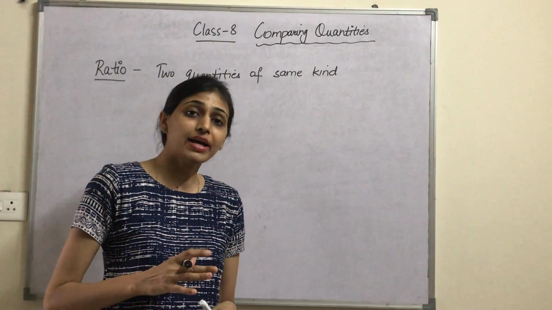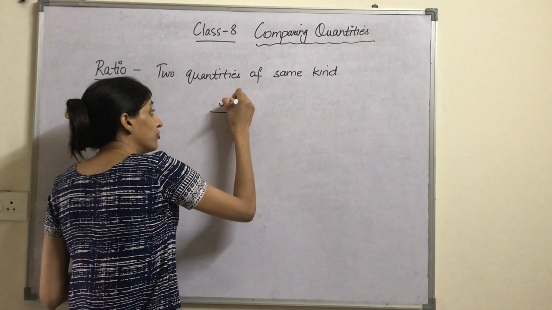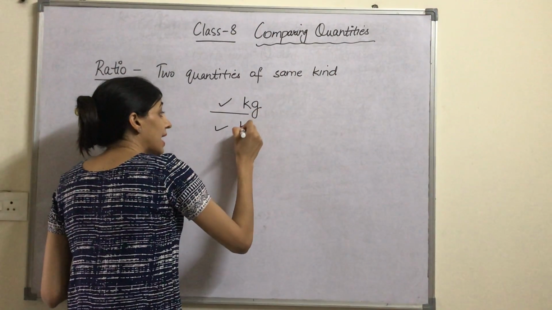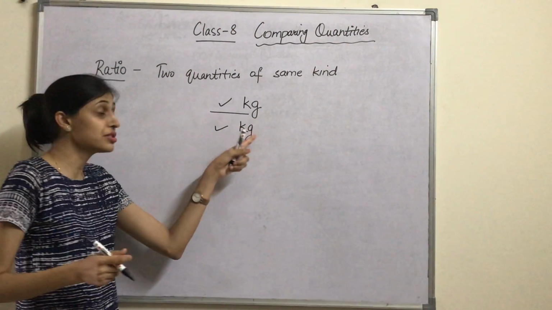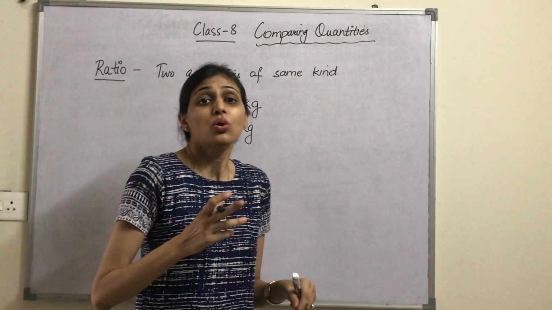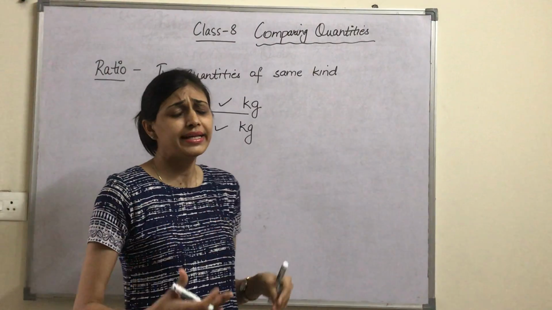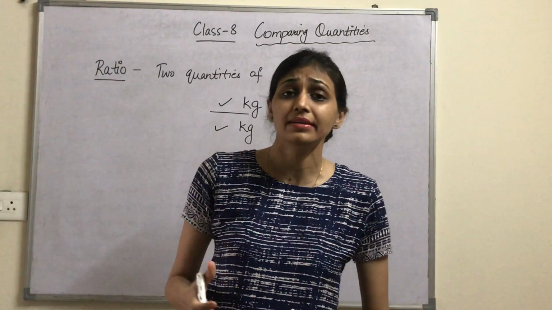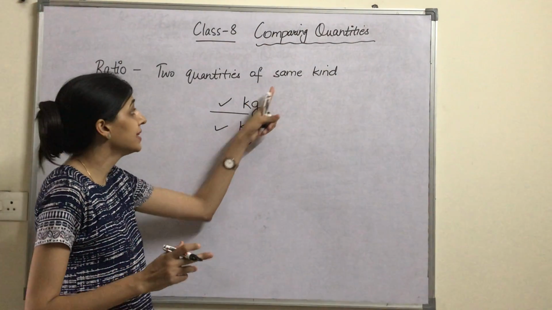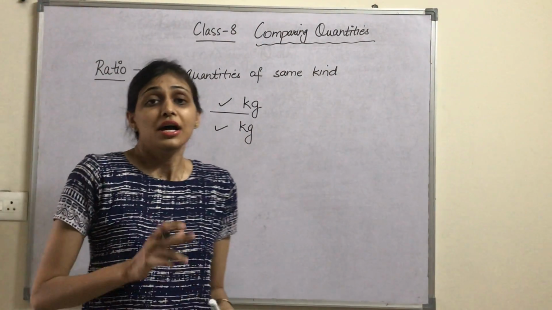So the two quantities that have to be divided must be of the same unit, whether it is kg, grams, liters, meter, centimeter. Only then we can divide them, and only then this is known as a ratio.